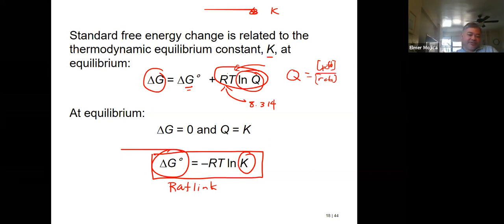Can we get a relationship with the value of K and the corresponding delta G? So what do we have? If delta G is negative, what do you think the value of your K is? Positive. Okay.